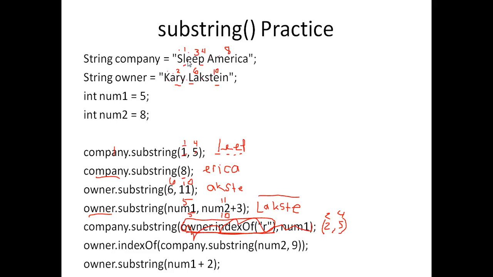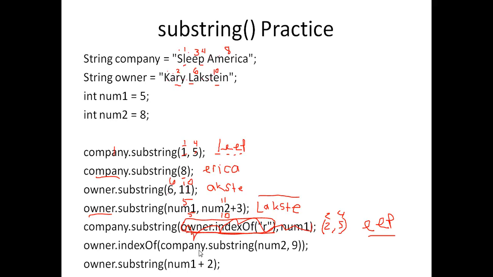So we go to company, we find 2, so 0, 1, 2, so it's that first E, and then it goes to 4, so EP. Okay, 5 minus 2 is 3, you have 3 characters.